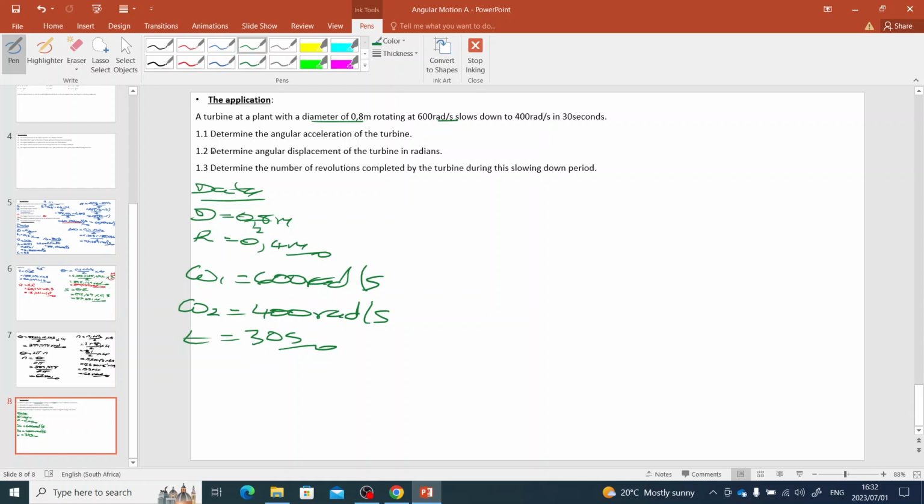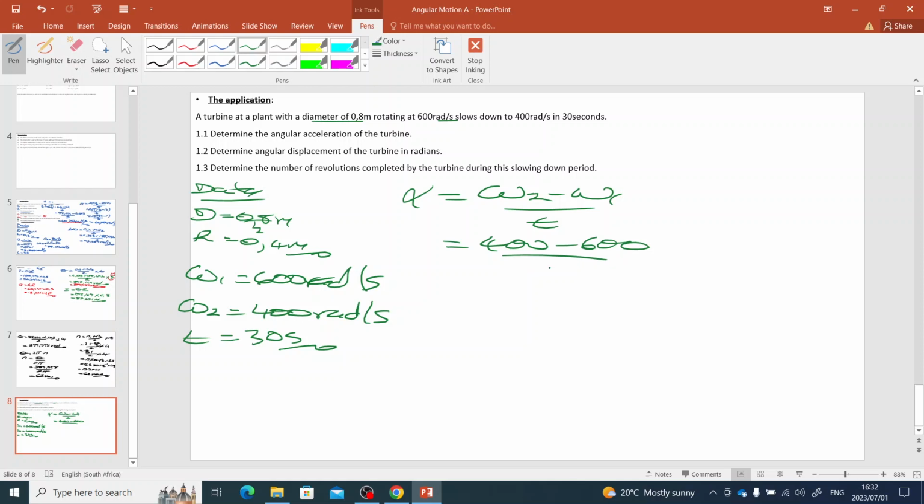Now, question number 1: they want us to determine the angular acceleration. Angular acceleration would be omega 2 minus omega 1 divided by time. There's no need for us to calculate the omegas. They are given. Omega 2 is 400 minus omega 1, which is 600. You can tell that this turbine is experiencing retardation, the reduction of speed.